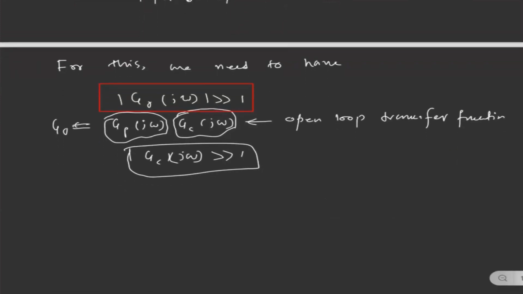Now let's look at the disturbance rejection. How can we reject the disturbance in the system?